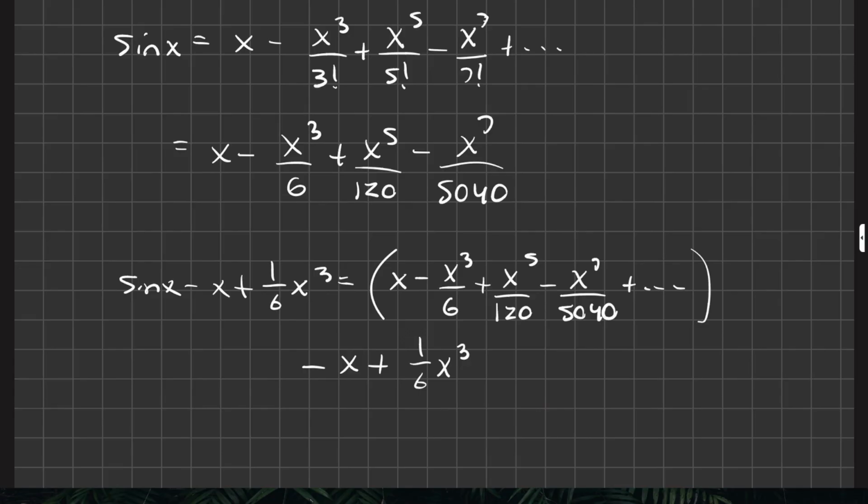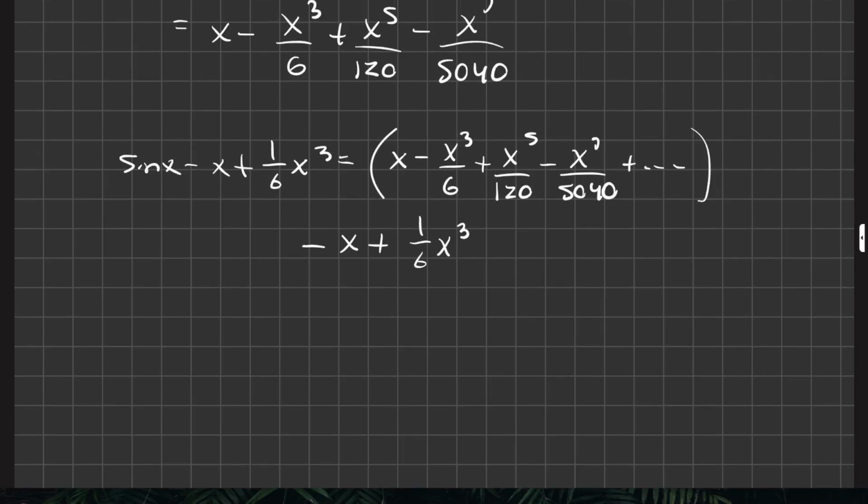So what happens here? A bunch of things cancel. This would be x to the 5th over 120 and minus x to the 7th over 5040.